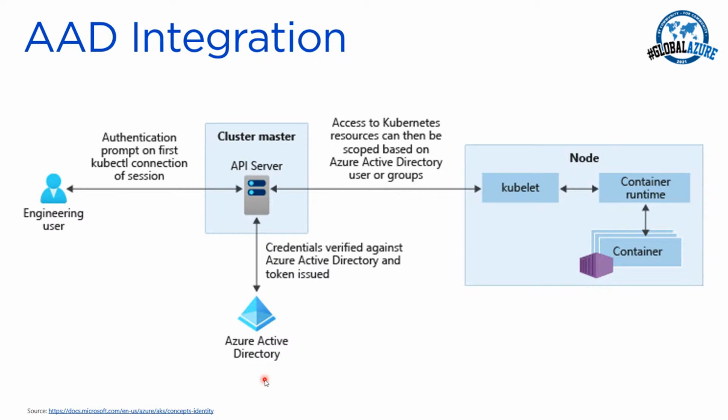So you need at least 2. Normally we start with 3, so that we have 1 more, even if you're doing updates of your nodes, etc. So normally we have 3 and more nodes running in AKS, but you need at least 2 node instances to have a failover if something happens on a node for you.